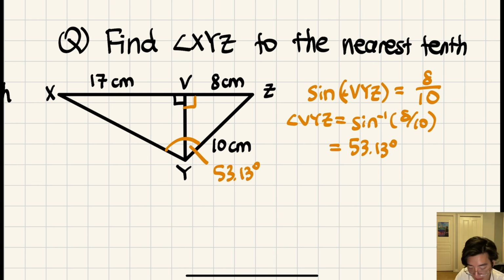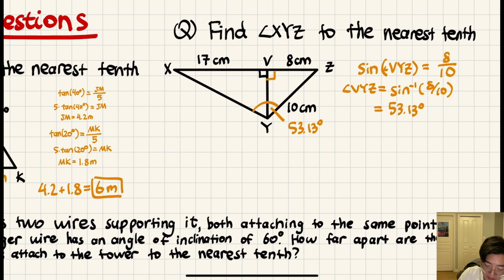Okay, so that's 53.13. And now for the other angle, we have to first find the length of this line. With that, we can use our buddy Pythagoras here. With the Pythagorean theorem of this triangle right here, we have a squared plus b squared equals c squared.